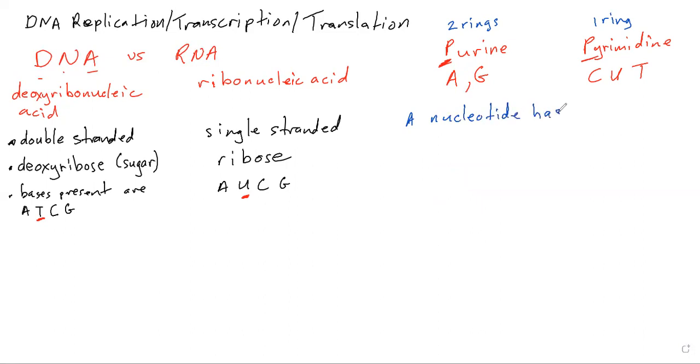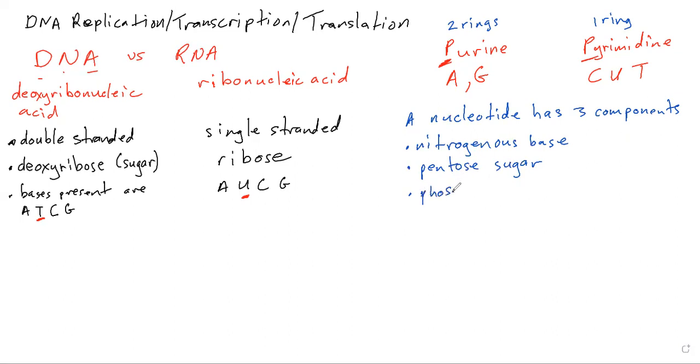The nucleotide has three components: the nitrogenous base, the pentose sugar, and the phosphate group.